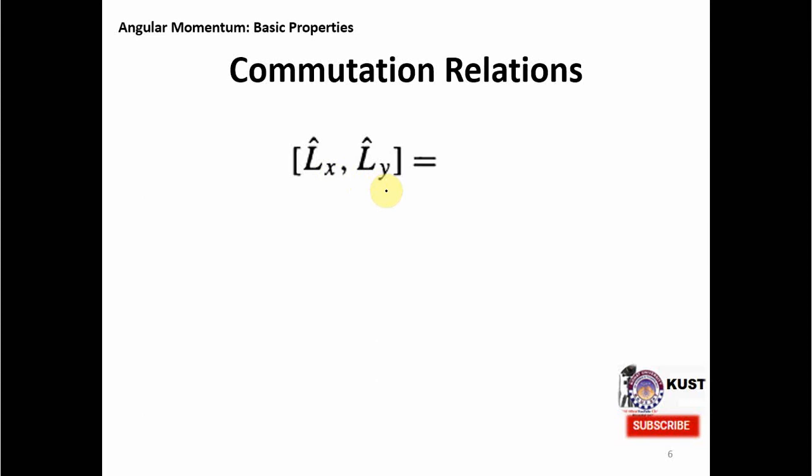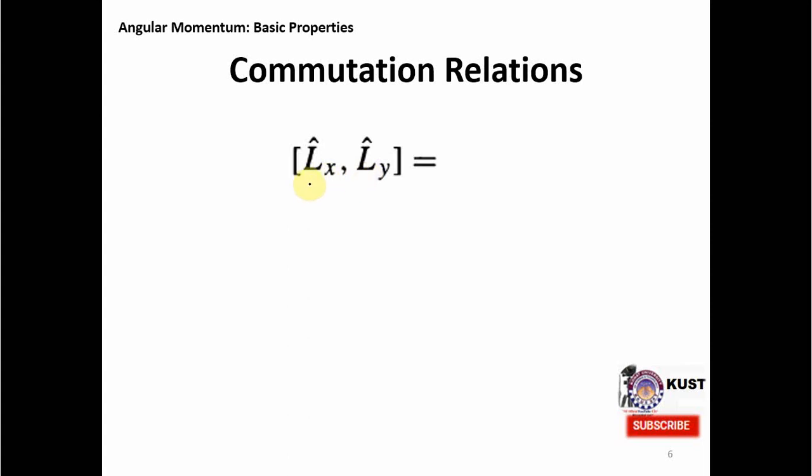To begin with, we would like to calculate the commutator of the x component of angular momentum and the y component of angular momentum. You can sure do the commutators of other components. Actually, we would do that later, but we can start with any of them, and there is no advantage over doing x and y first.